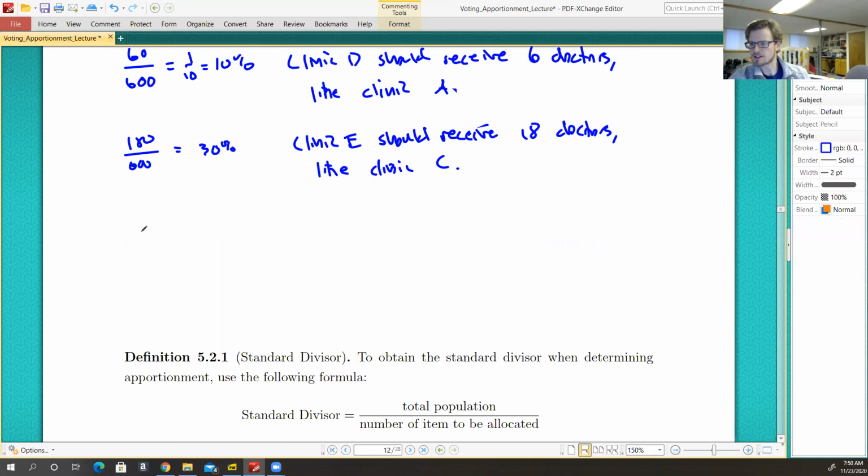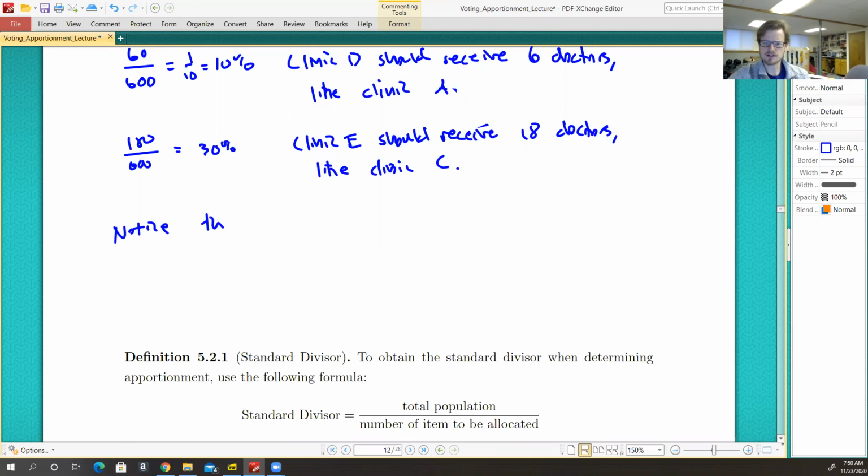But if we notice, we could have found the number of doctors distributed to each simply by dividing by 10, right? 180 patients divided by 10 gives us 18 doctors. Well, that's interesting. So let's make note of that.